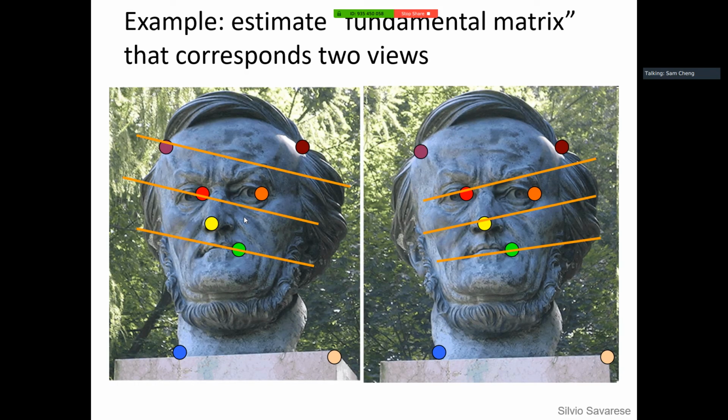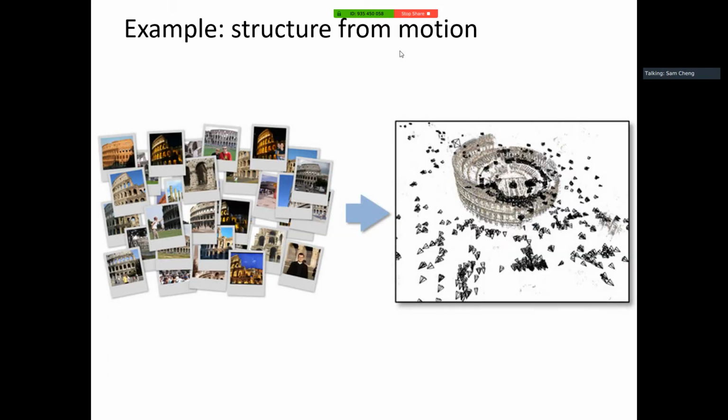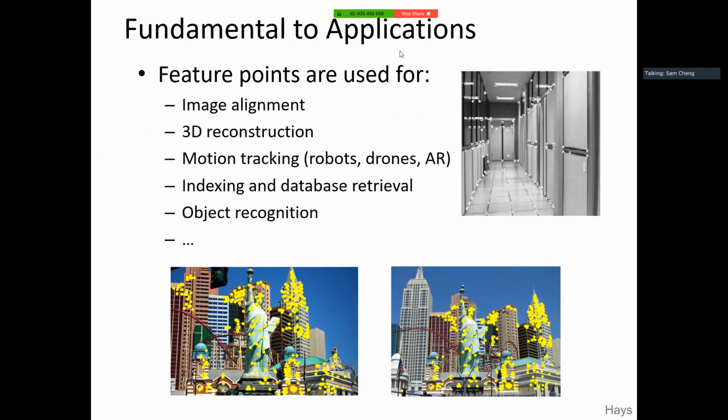If we get those points, we can do lots of stuff. We'll get into that in several weeks. For example, to estimate some of the parameters of the cameras, some of these so-called fundamental matrices when you have two cameras, stereo vision, and of course structure from motion, stuff like that.